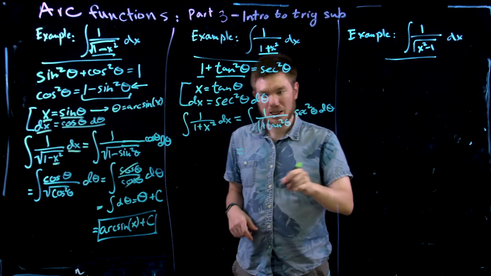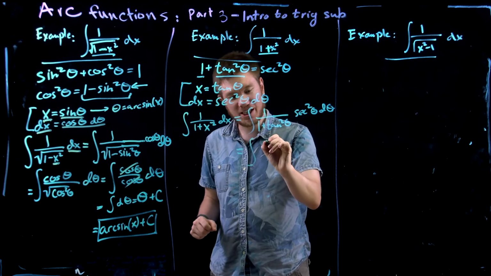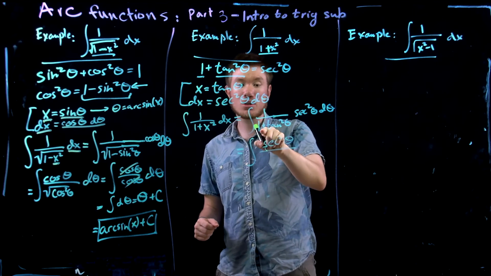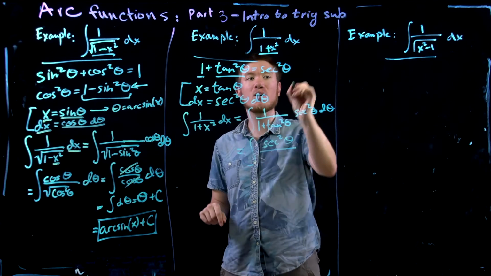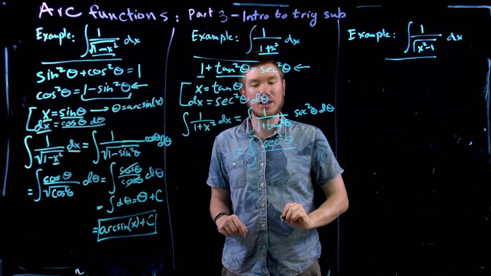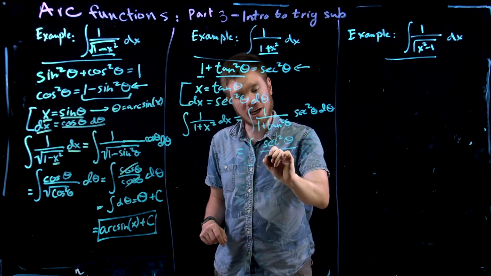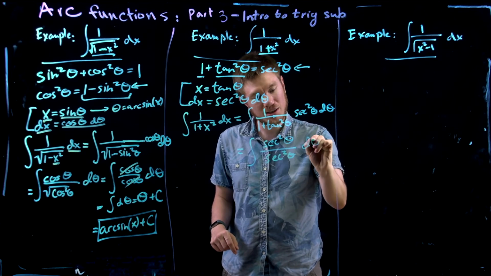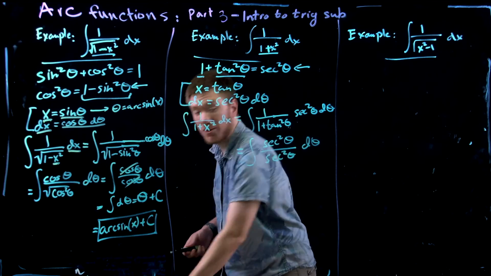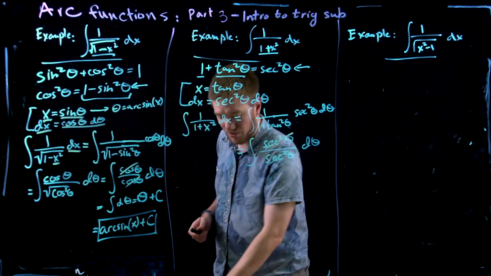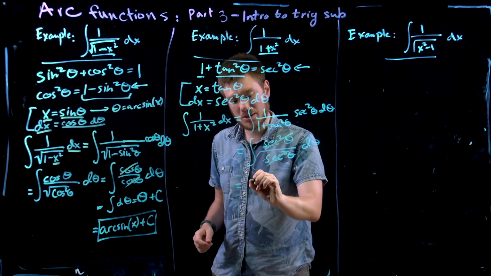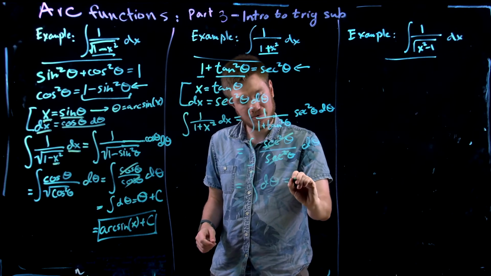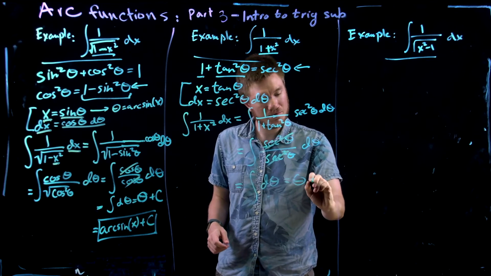Let's rewrite this a little cleaner. Also notice that 1 plus tangent squared theta is secant squared theta. So our denominator will simplify to secant squared theta, and we'll have a little cancellation, in which case we get the integral of d theta, which is theta plus c.